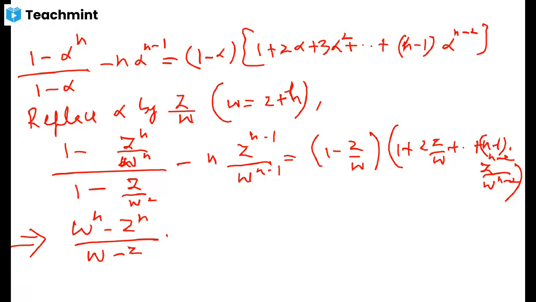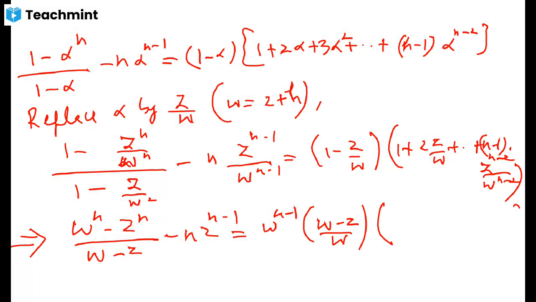So what you can do, you can take that w to power n minus 1 onto the right hand side. You will be having n minus 1 equal to w to power n minus 1, and your right hand side is w minus z upon w, and the interior part is same as it is.